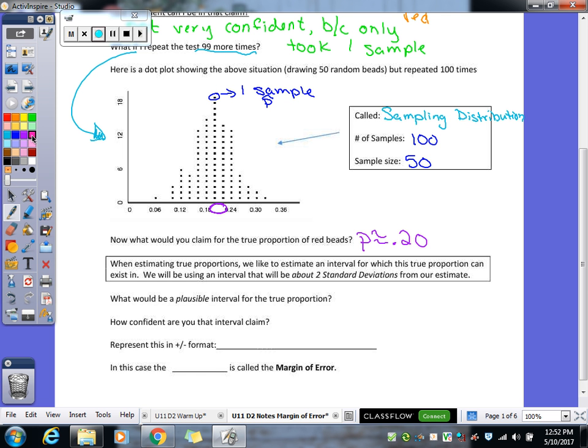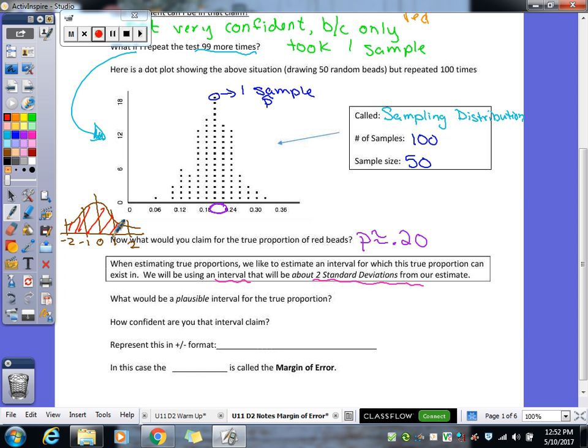The interval we use is about 2 standard deviations from the mean. If you think back to the first part of statistics, there's our mean right there in the middle, 0. There's 1 up, 2 up, 1 down, 2 down.